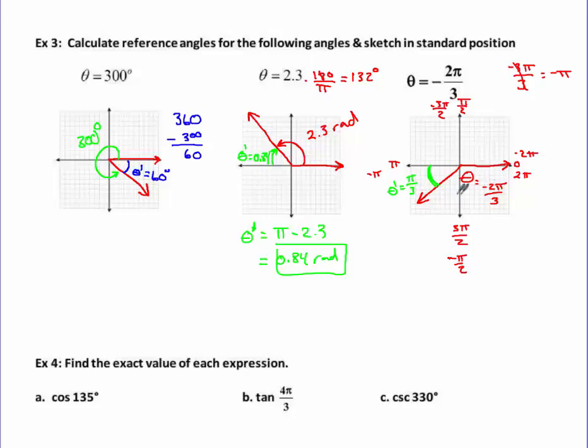If we'd gone 1 more pi over 3, we would have been at 3 pi over 3, which would get us to pi. Now, it said that the reference angle is always positive. So I know that negative pi over 3 is what would add to this to get us all the way there, but we're always going to use the positive. So theta prime is pi over 3.